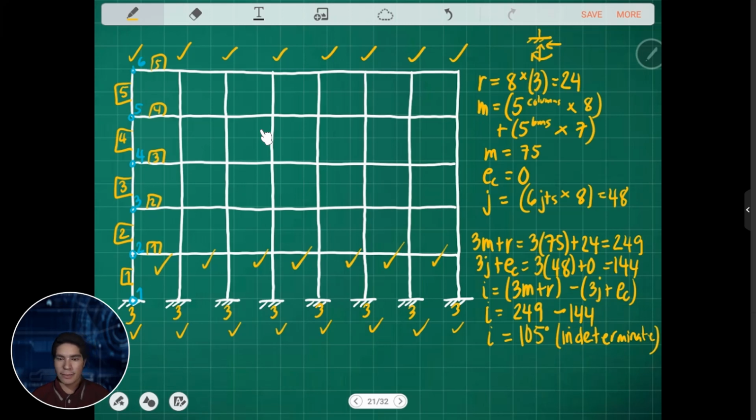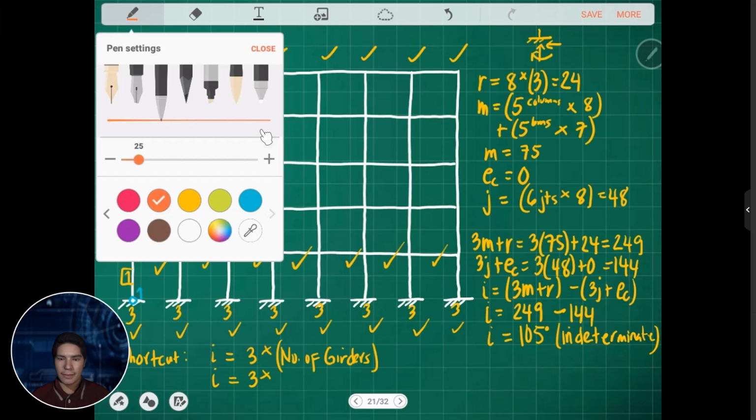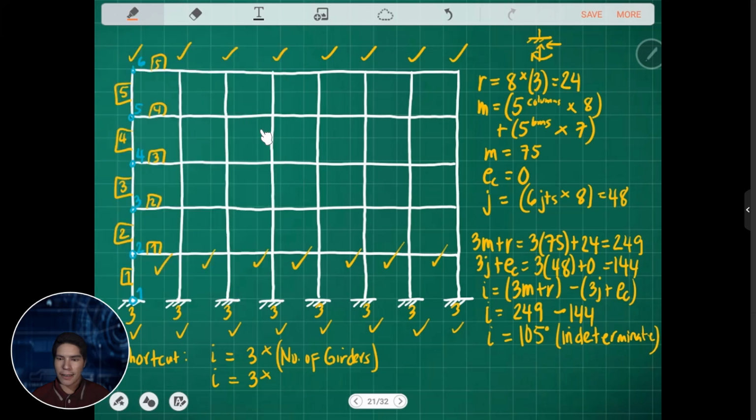So pwede rin yung shortcut, no? Since we have a building frame and then lahat ng support niya fixed, we can use our shortcut formula, that the degree of indeterminacy is just 3 times the number of girders. So we have 3 times ilang girders? Ito yan, no? So we have 1, 2, 3, 4, 5. Okay?